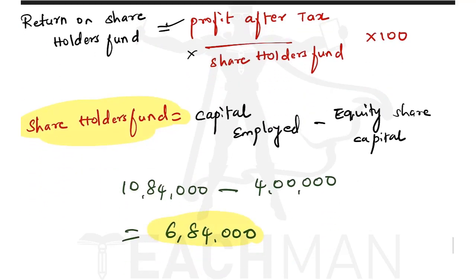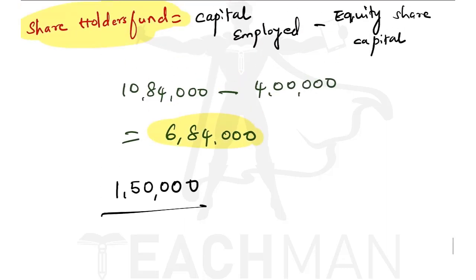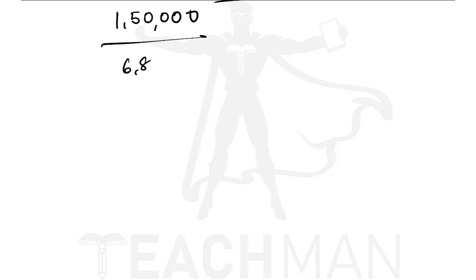Now let us substitute in the formula. So formula is profit after tax divided by shareholders fund into 100. Now what is profit after tax? It's given in the question. Profit after tax is 1,50,000. So 1,50,000 divided by shareholders fund is 6,84,000 into 100. So what you will get?